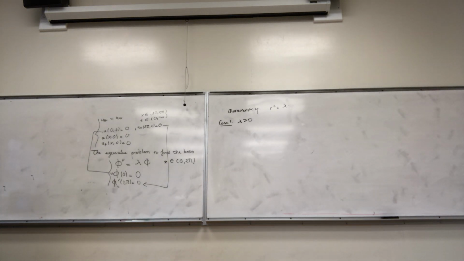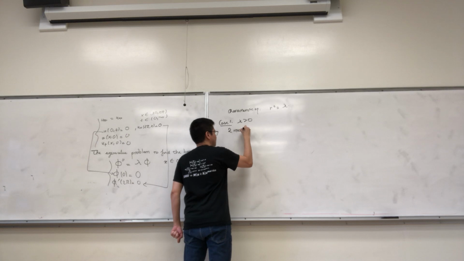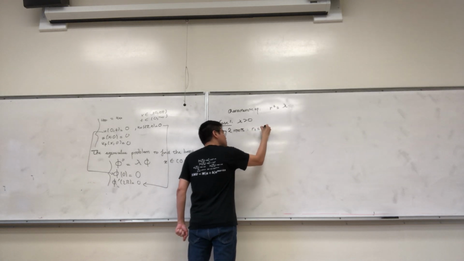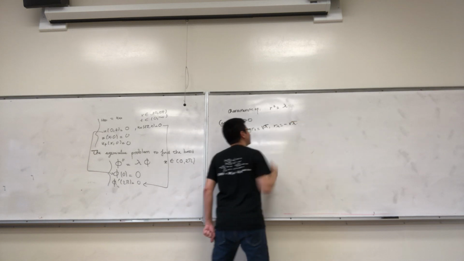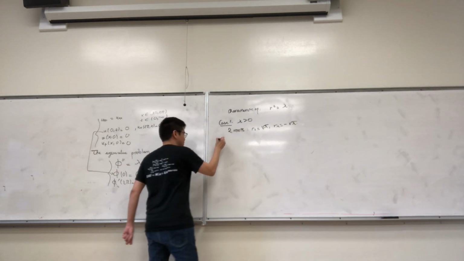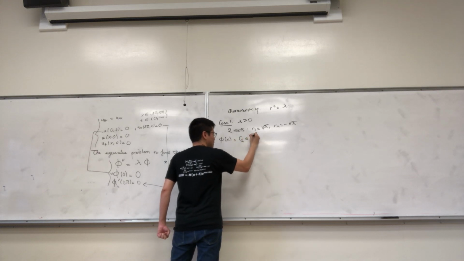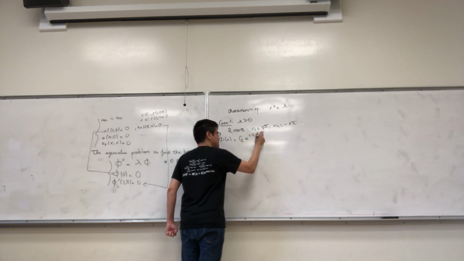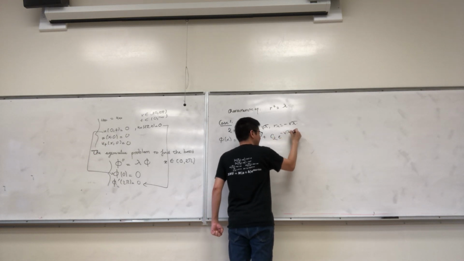You have two roots, the square root of lambda and minus the square root of lambda. In this case, the solution will be C1 e to the square root of lambda x plus C2 e to the minus square root of lambda x.